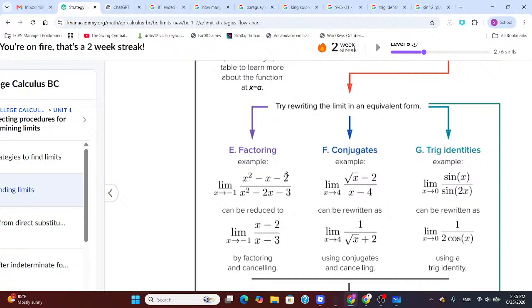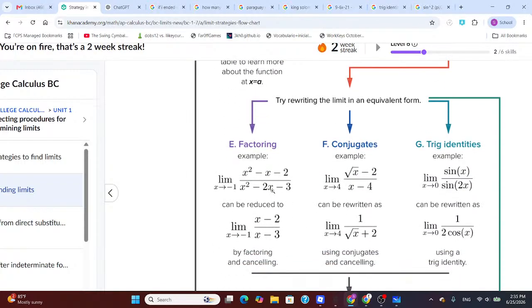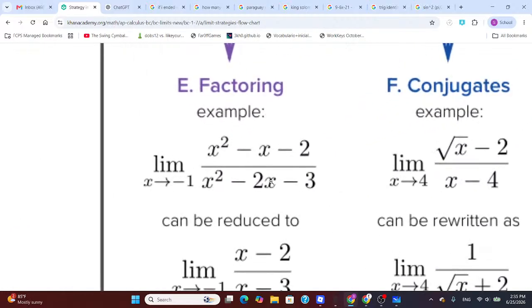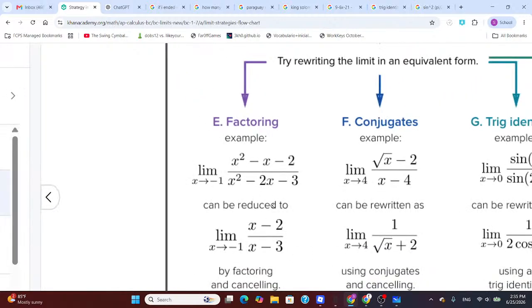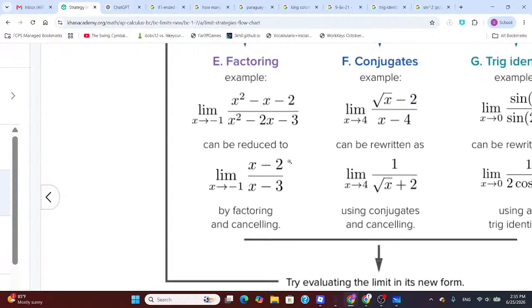For now, just factor it: x minus 2 and x plus 1 on top, x minus 3 and x plus 1 on the bottom. You cross out the x plus 1s, and you get x minus 2 over x minus 3. And you get an answer.